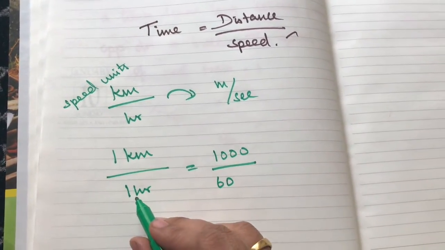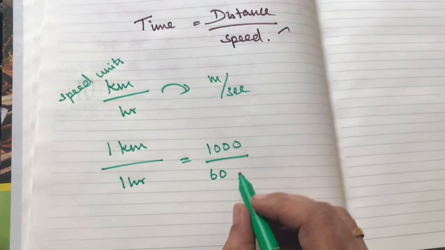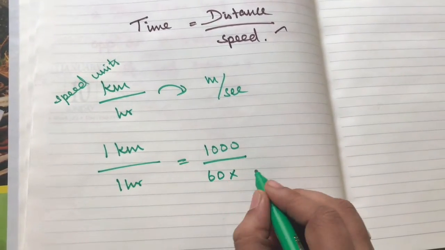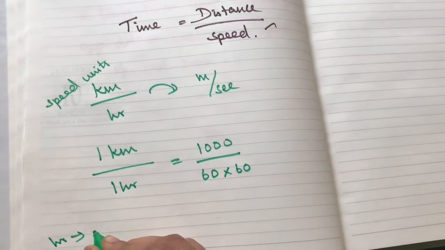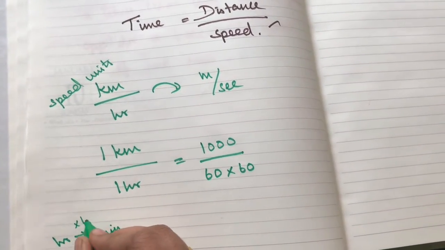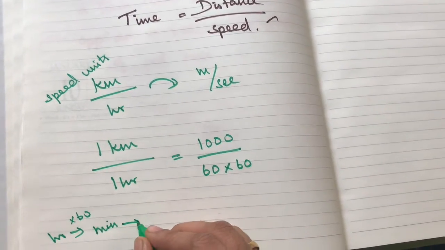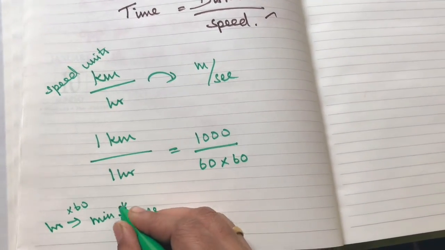I'm just changing hours to minutes, 60, and again minutes to seconds. Hour to minute means into 60, minute to seconds means into 60.